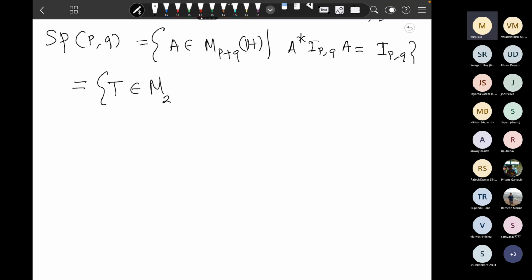The first condition will be something like JT is equal to T J bar, and let us see what this condition really is.